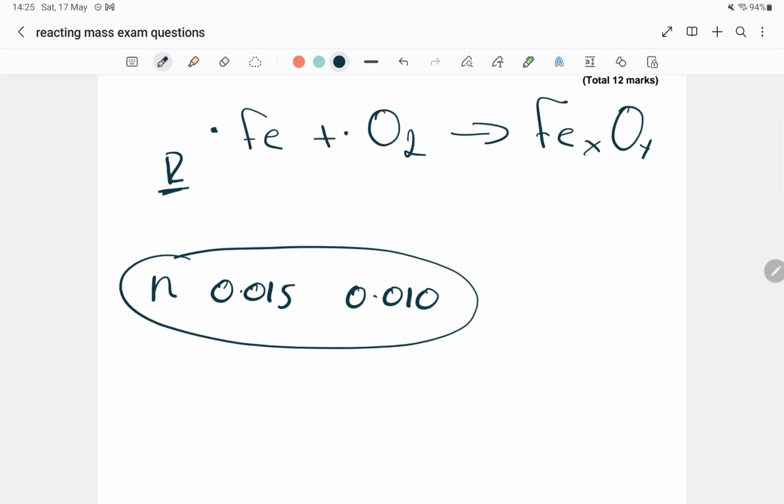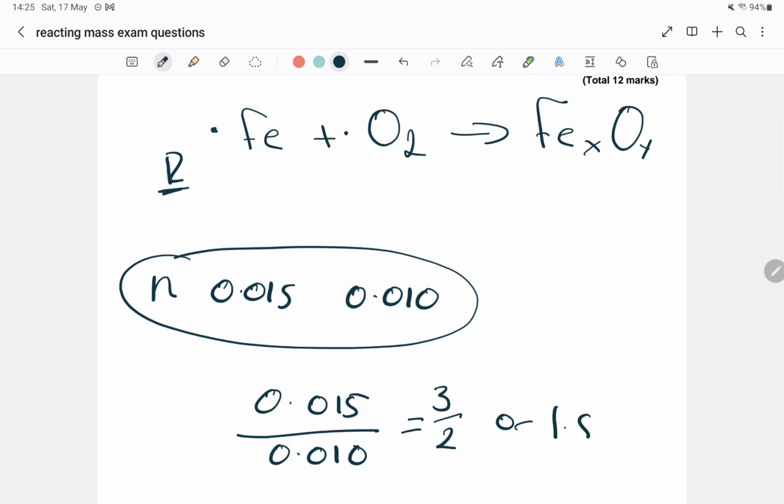It's just a little check-in if you're correct. To work out the ratio, just divide the big number by the small number. So 0.015 divided by 0.010. That gives you the same as 3 over 2, or 1.5.